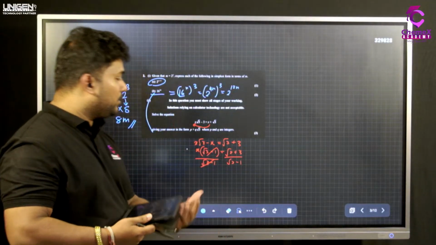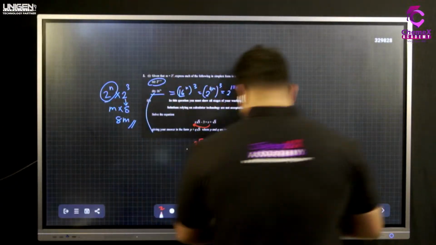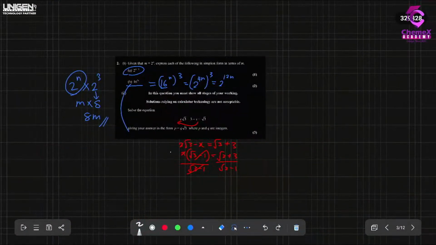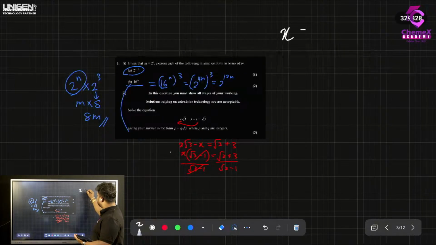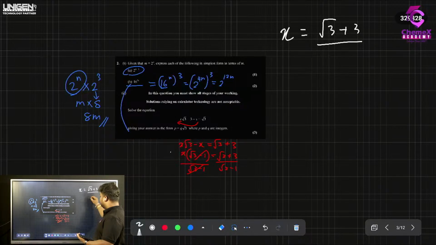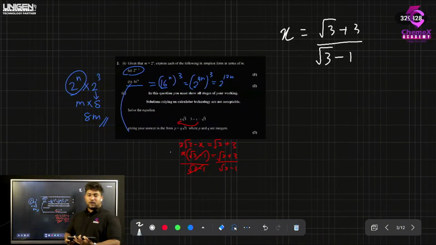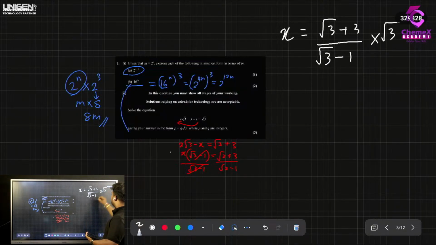So after that, how do you do such questions? Now I know x is equal to root 3 plus 3 divided by root 3 minus 1. Now you should know how to rationalize this number. So I am going to multiply it by what?